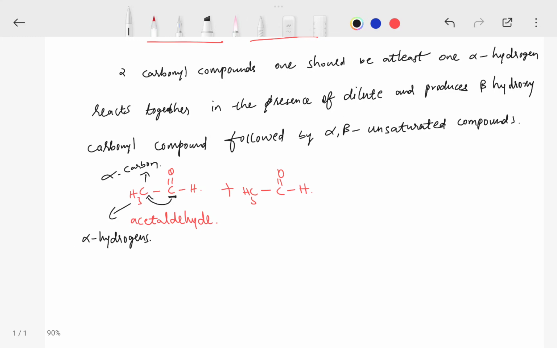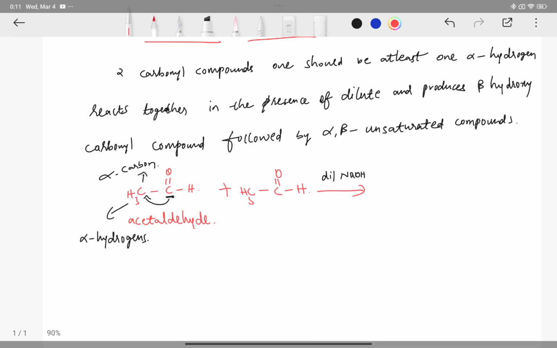So in the presence of dilute base, for example dilute NaOH, what does it form, students?